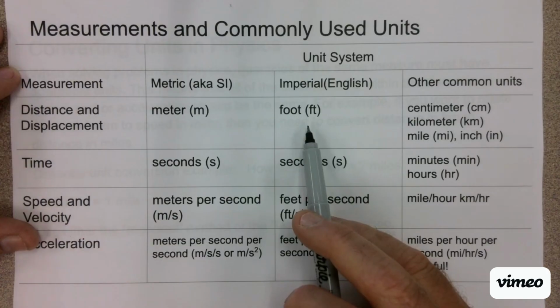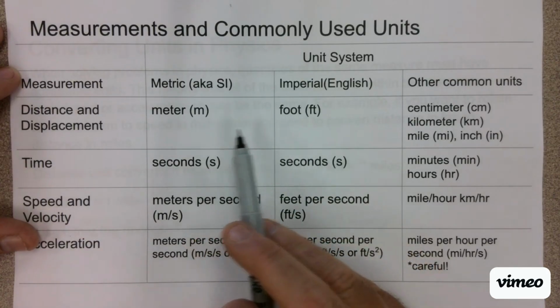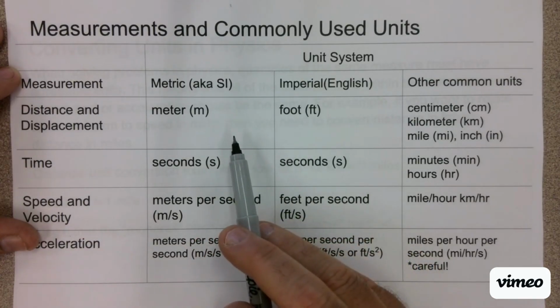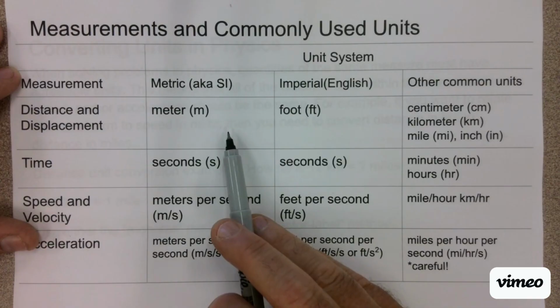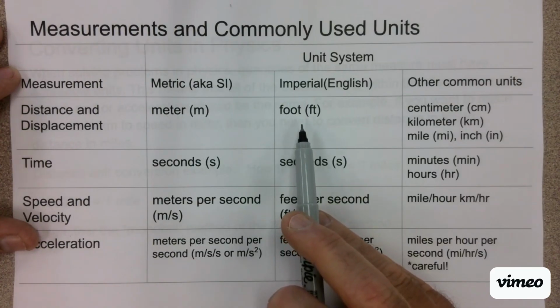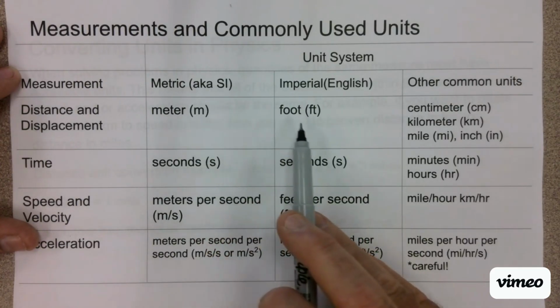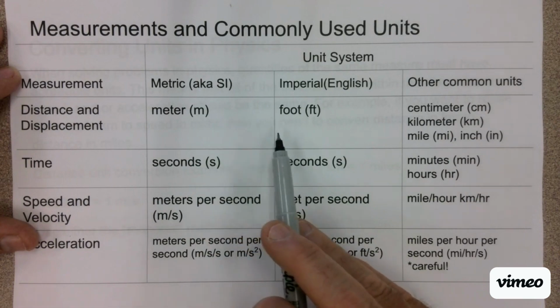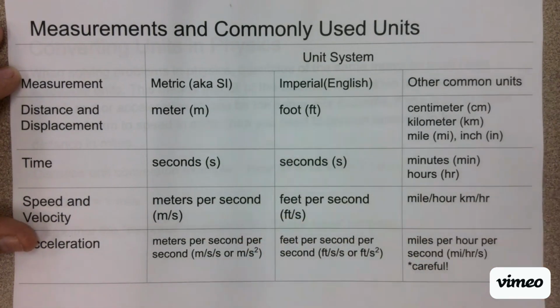If I wanted to add the two distances together, I guess I could say it's 35 meters plus 35 feet, but I'd rather have just one number that measured the whole distance. And so I would need to convert either from meters to feet or feet to meters, so then I could add them together. That's really the most logical way of thinking about this.